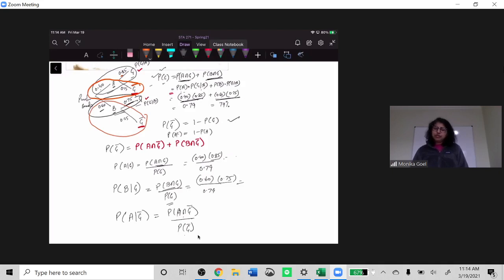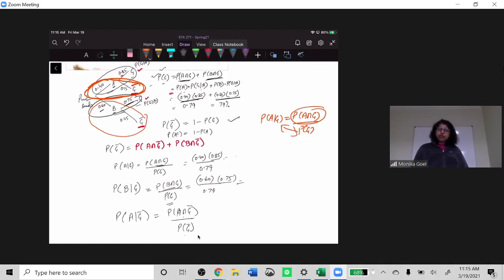And similarly, you can find anything, as long as you understand what is intersection, where is the intersection coming. Intersection is the product of these two. And how? This is our conditional probability rule. A given G is A intersection G divided by the probability of G. And when I multiply these two, I get this part.